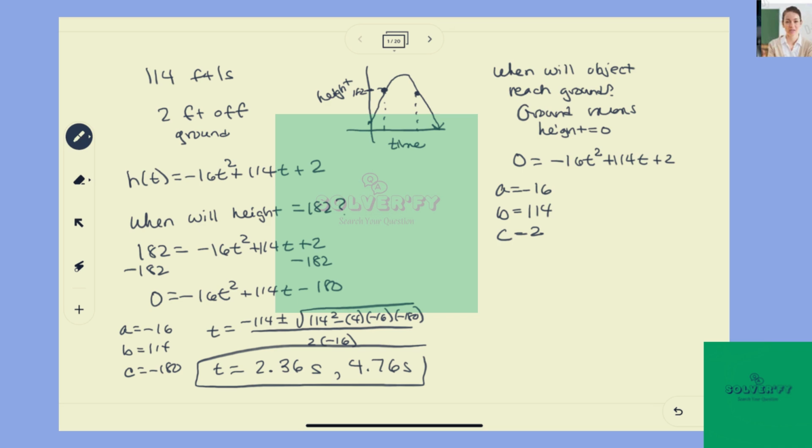And again, we're going to use the quadratic formula. So T equals opposite of B plus or minus the square root of B squared minus 4 times A times C, the whole thing over 2A.